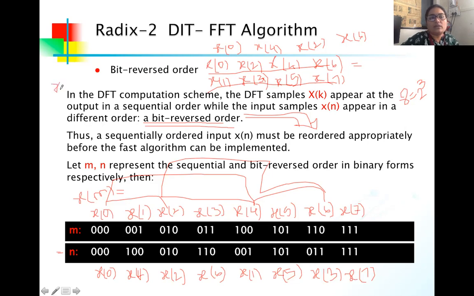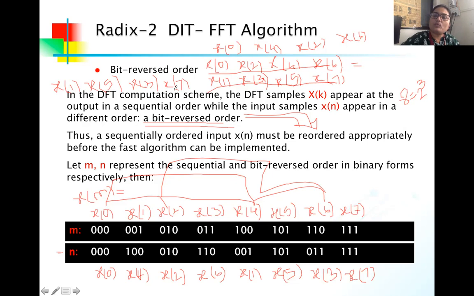So I'm writing x of 1, followed by x of 5, and then the odd values: x of 3, followed by x of 7. The entire input sequence has been reshuffled according to the requirement of the DIT FFT algorithm.